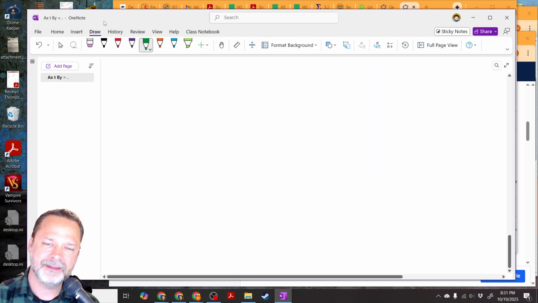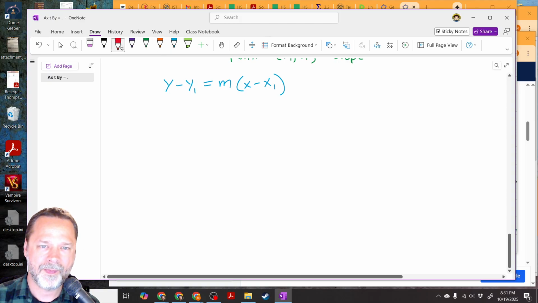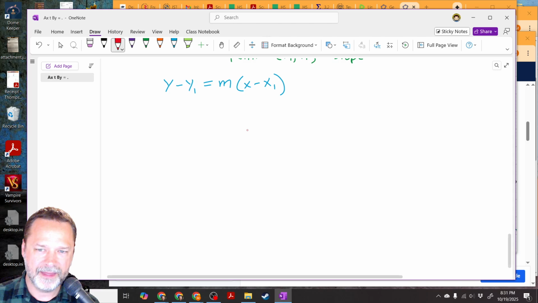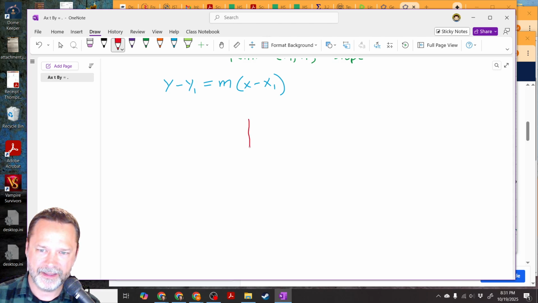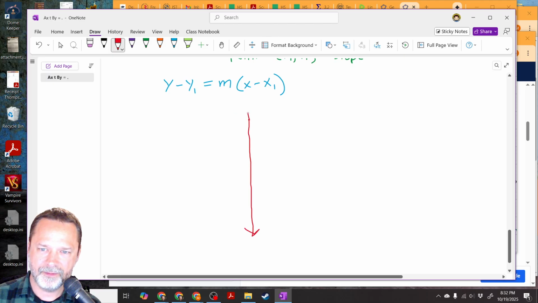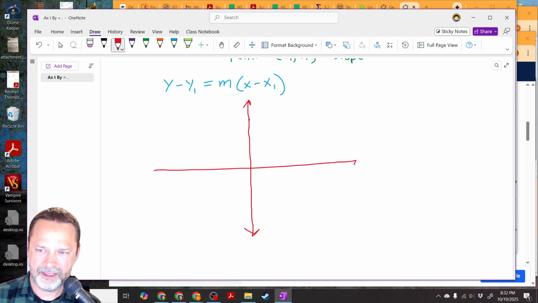So let's see if I can do the same thing, and show that that is definitely also a way to write the equation of a line. Can we do the same thing?